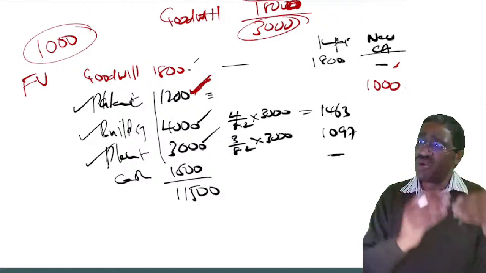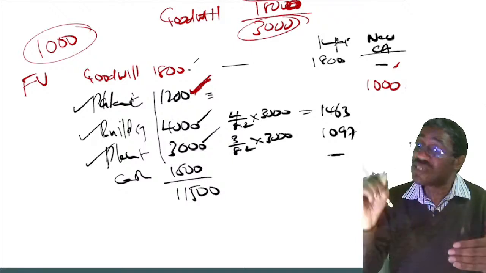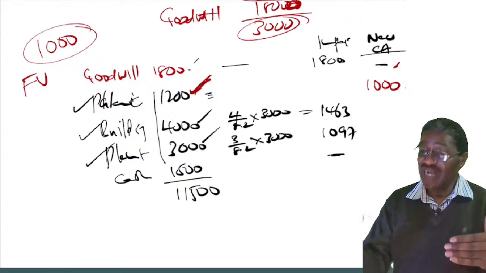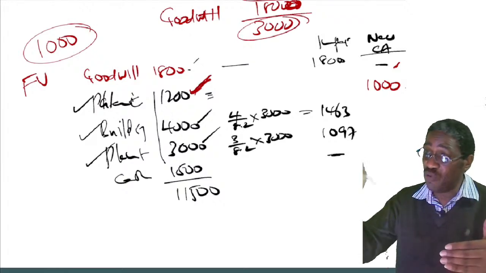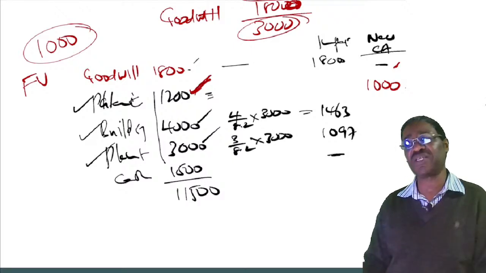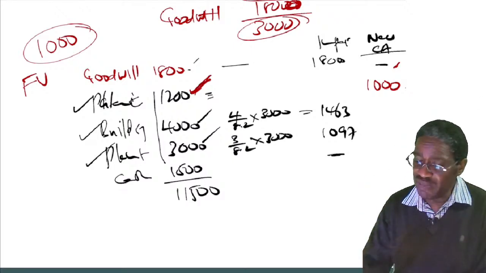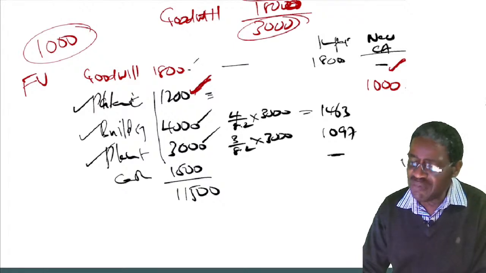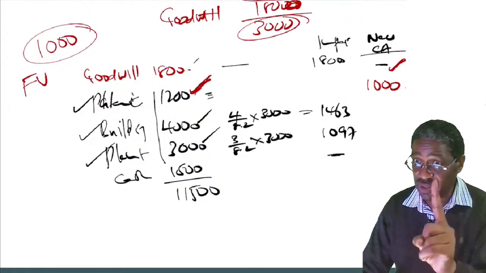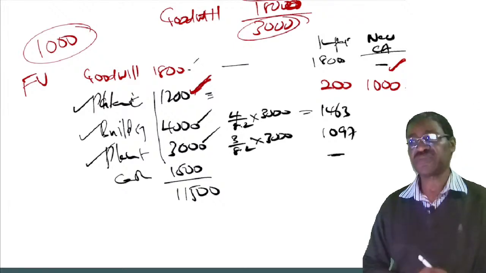So if the book was 761 initially, and now we are realizing it has a market value of 1 million, then the minimum amount it should be reflected in the books is 1 million. Listen. So it means what? It means that this asset, the maximum loss it can suffer is not 439, instead is 200.